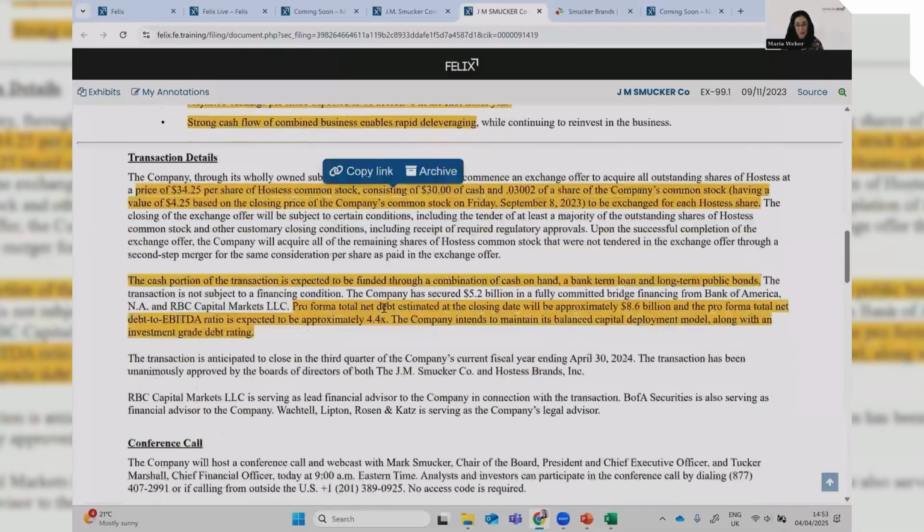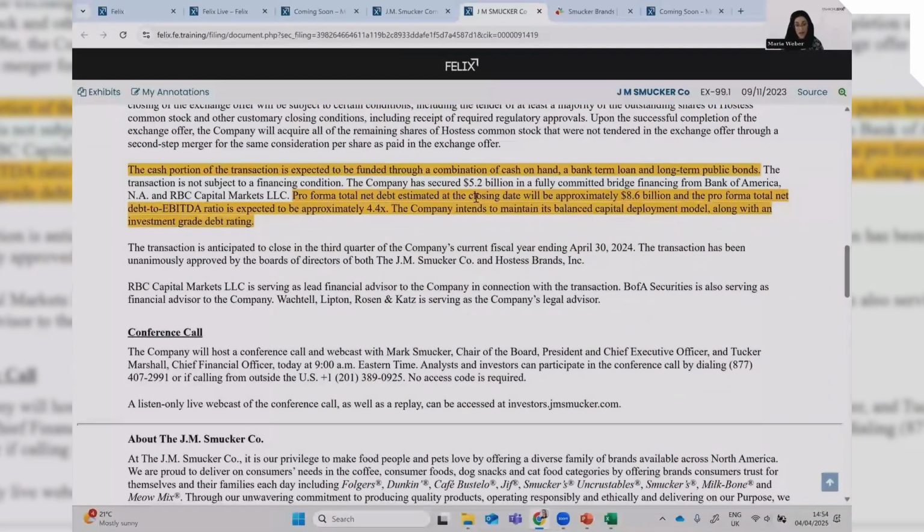And then at the bottom here, we see for the Hostess Brands J.M. Smucker deal, pro forma total net debt estimated at the closing date will be 8.6 billion. Pro forma debt to EBITDA ratio will be approximately 4.4 times. That's pretty high. The company intends to maintain its balanced capital deployment model along with an investment grade credit rating.